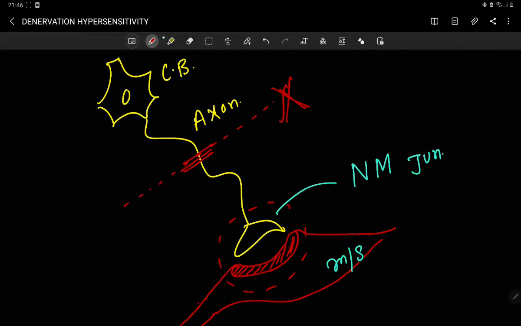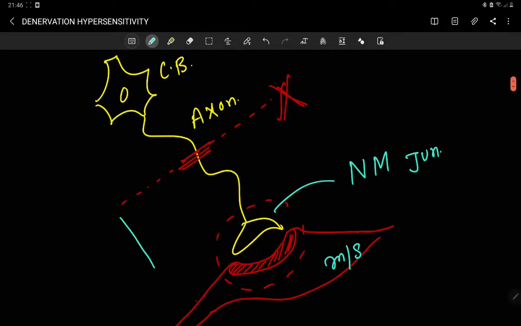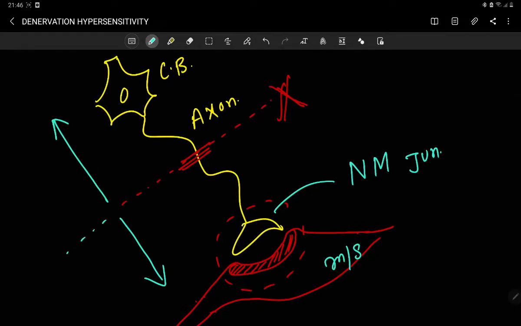Now what happens? There are various degenerative changes within this neuron. Some changes move in this direction towards the terminal of the axon, and some happen in this direction towards the cell body.